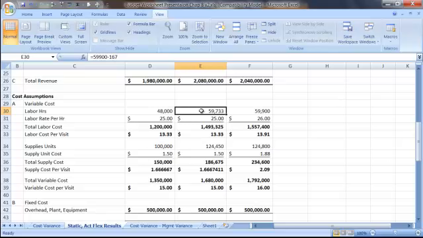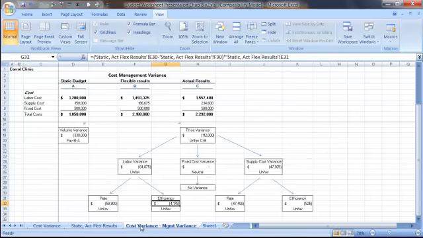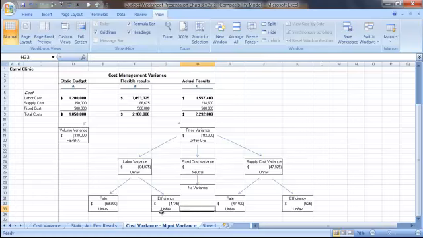We used this many hours in our static budget, and we have this. So the difference of these times our actual rate should give us our efficiency variance. Let's see if we're right. Yes, 4,165 negative, an unfavorable efficiency variance.